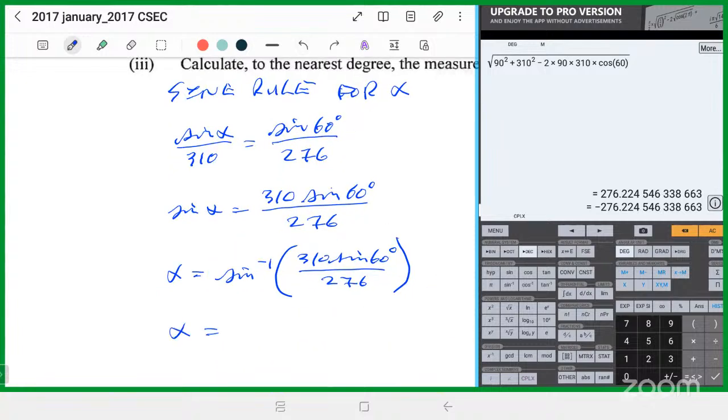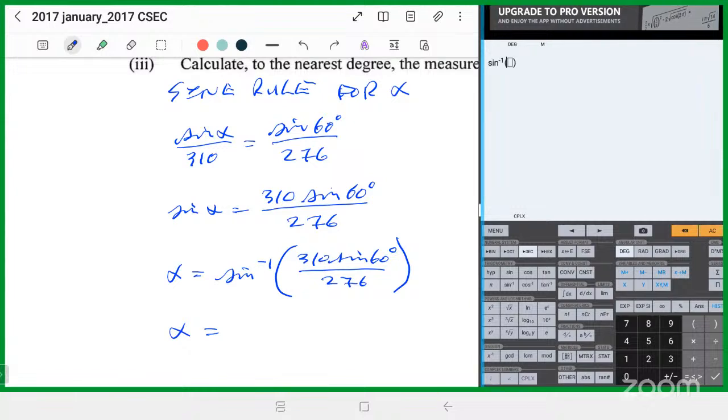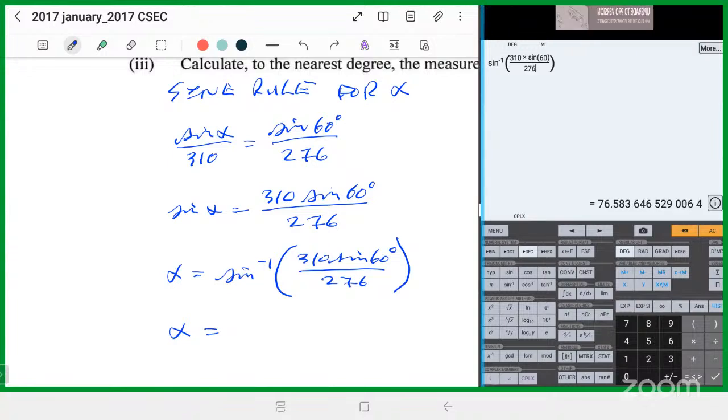Let's do it on the calculator. So it's sine to the minus 1 of the fraction, 310 times sine of 60 over 276. And it is 76.6 degrees.